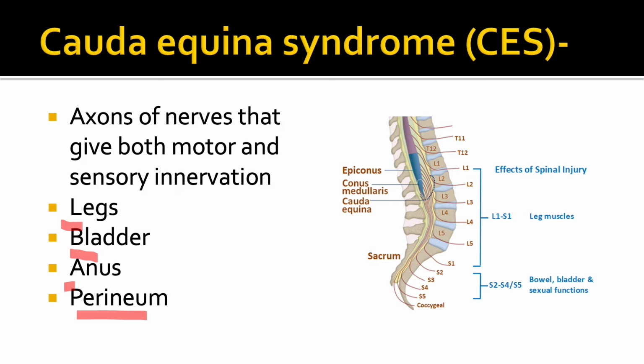And so the spinal cord ends at the L1 level and the nerve roots have to travel down to pass out through the intervertebral foramen. So compression of these nerve roots, which are both motor and sensory, can produce motor and sensory findings, and there can be disturbance of bowel and bladder. And that is what is called the Cauda Equina syndrome.